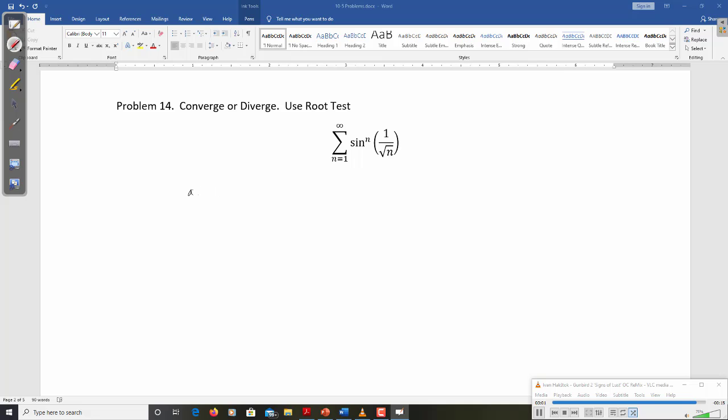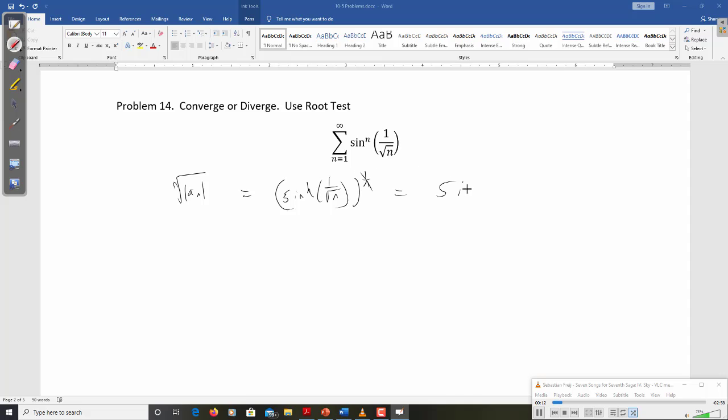So if we take the nth root of a sub n in absolute value, well, that's going to be the sine of 1 over square root n, to the 1 over n. That's just going to cancel this out.